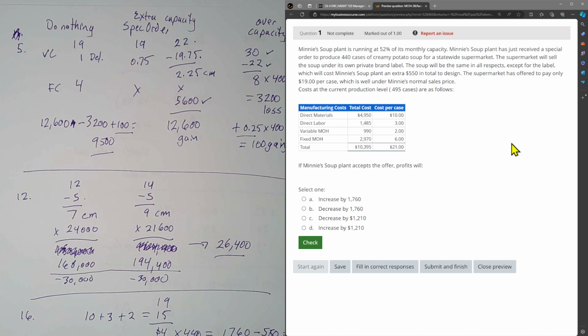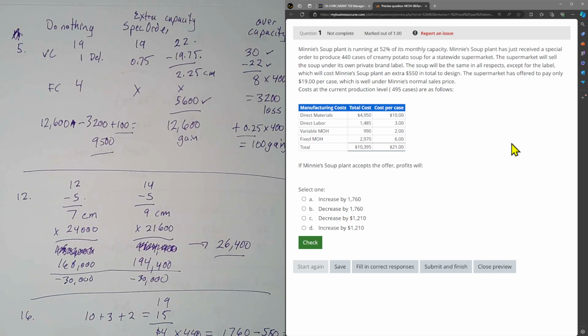Everything will be the same except this private brand label will cost an extra $550 to design. The supermarket has offered to pay only $19 per case, which is well under the normal sales price. The current production level is 495 cases, and the costs are as follows. Even though it's 52%, the extra 440 doesn't go over 100%.